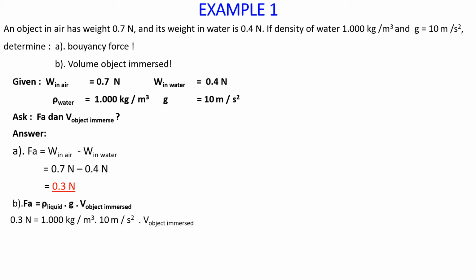So 0.3 Newton equals 1000 kg per meter cubed times 10 meter per second squared times the volume of object immersed. So we get volume of object immersed equals 0.00030 meter cubed, or we can write volume of object immersed equals 30 centimeter cubed.